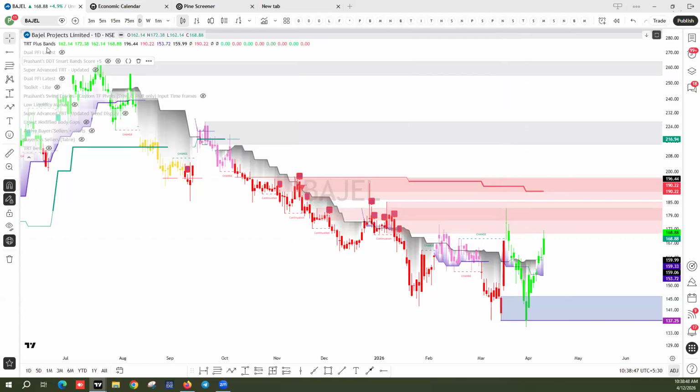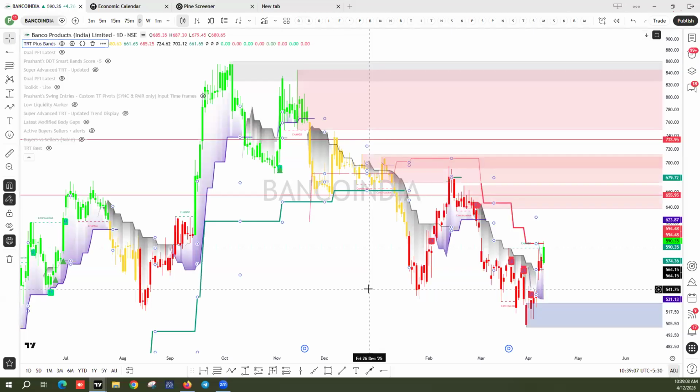I'm using only TRT plus bands for screening purposes. It came down below this, as I had already mentioned multiple times. Either it will touch the buying area or it will come down below this. If it is not able to close below this, when it crosses above this high, we can buy at that time. That is a confirmation entry.